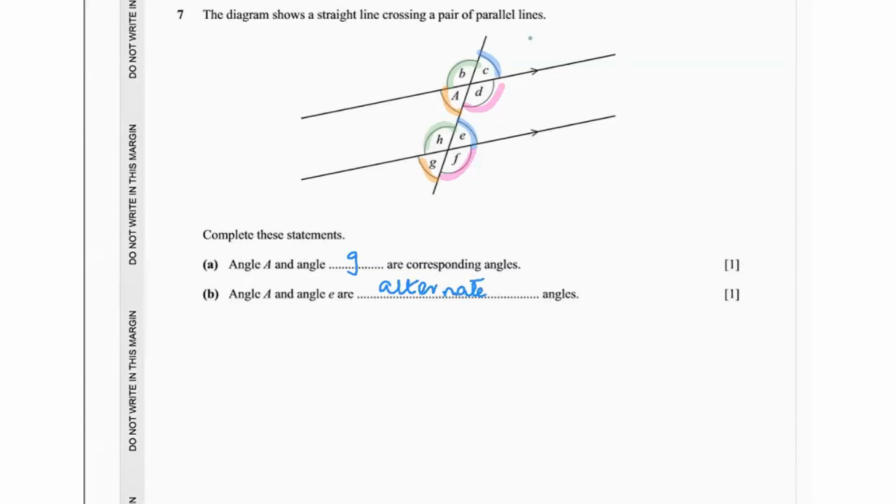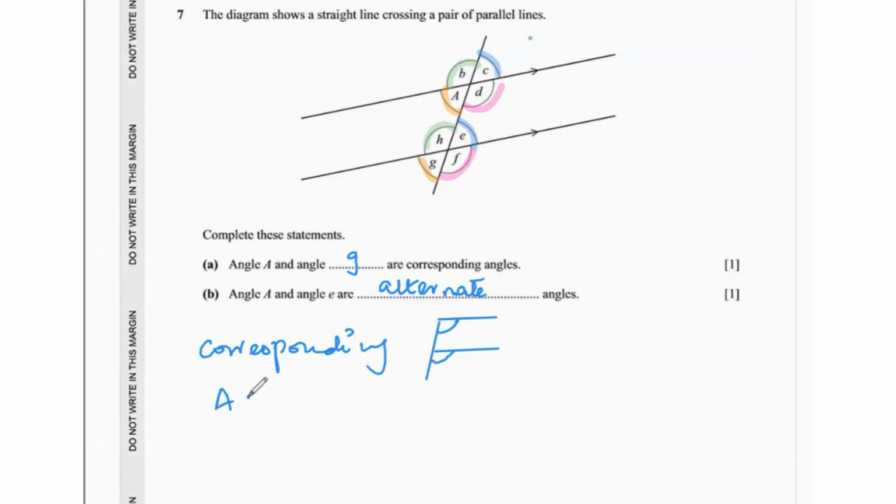There's a way of remembering these. For example, for corresponding, your parallel lines are making an F because you're focusing on these two angles.